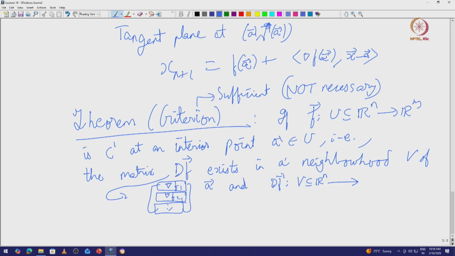How many numbers are there? There are mn numbers. So instead of thinking of this derivative as a matrix valued function, simply think of it as a vector valued function where you arrange all the entries of the matrix as a vector, as opposed to a matrix, is continuous. It is a continuous function.